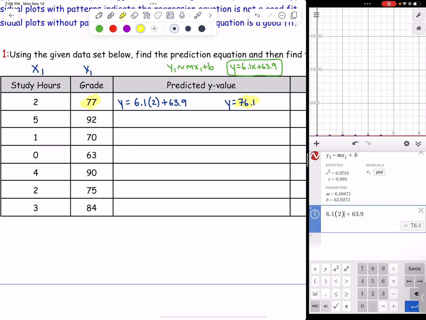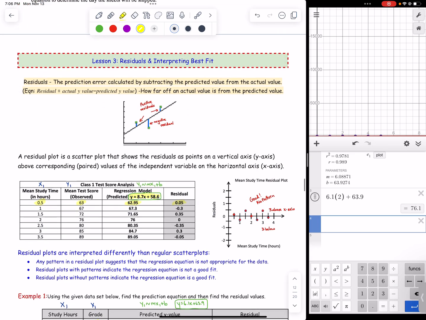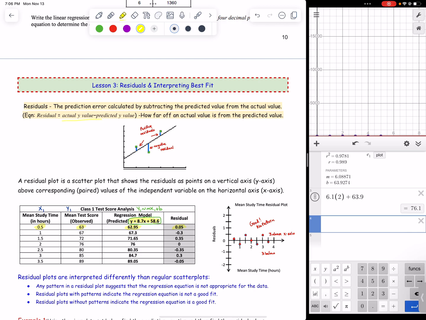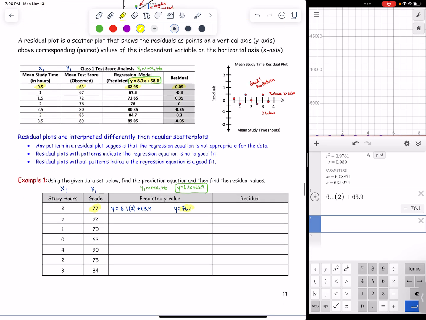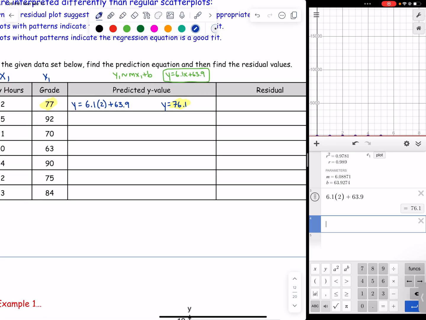So your residual is how far away it is. Remember that your residual is the actual minus the predicted. You want to keep it in that order to make sure you get the right amount. So actual was 77 minus the predicted, which is 76.1. So that should be 0.9.